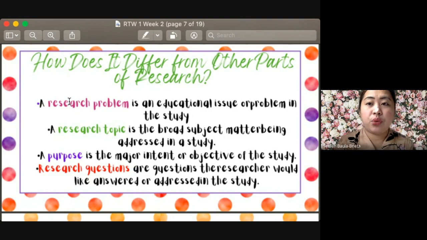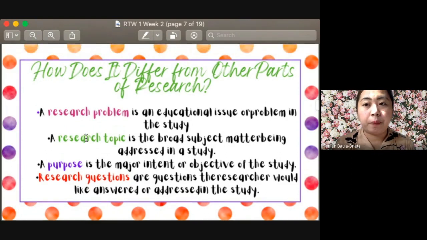So let's define them in order to make it specific. A research problem is the educational issue or the problem in the study, while the research topic is the broad subject matter being addressed in a study, while the purpose is the intent or the objective of your study, and the questions are the specific questions the researchers would like to answer or address in the study.